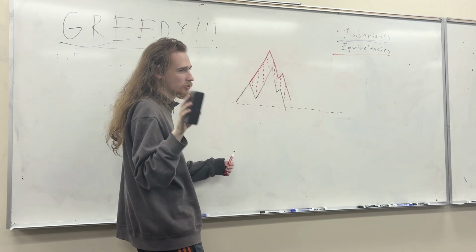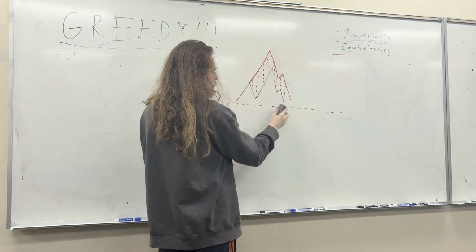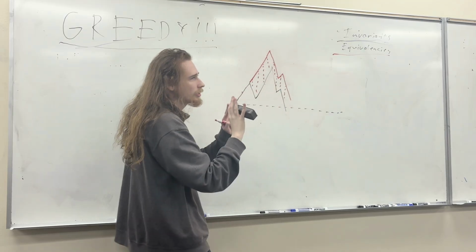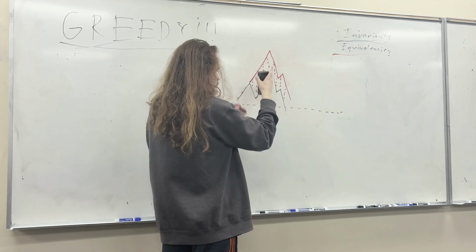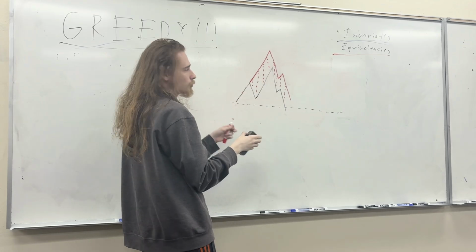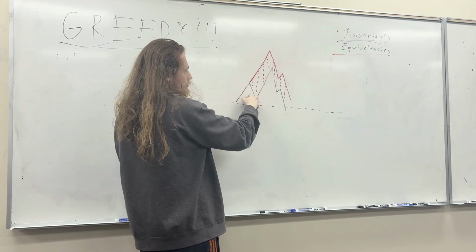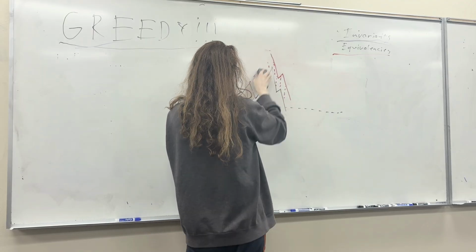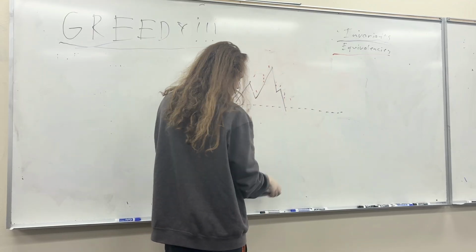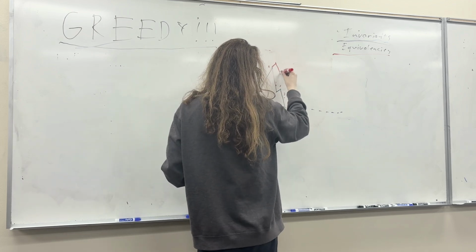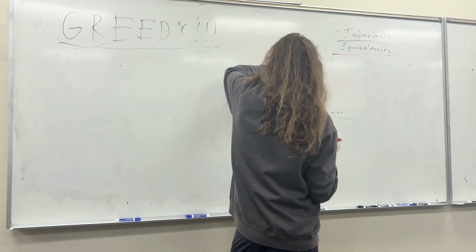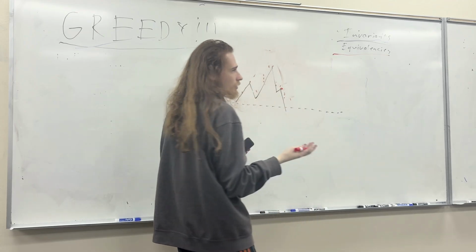What's notable is that we never went negative before this point. If we only increase things, we will never retroactively make it negative whenever we get rid of one of these. If we got rid of that, it wouldn't have gone negative back here. If we get rid of this, it wouldn't have gone negative back here. And if we get rid of this, it wouldn't have gone negative back there.